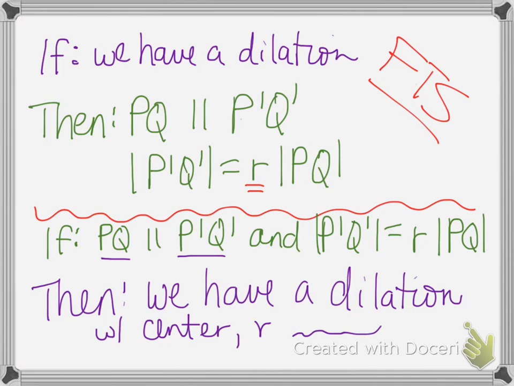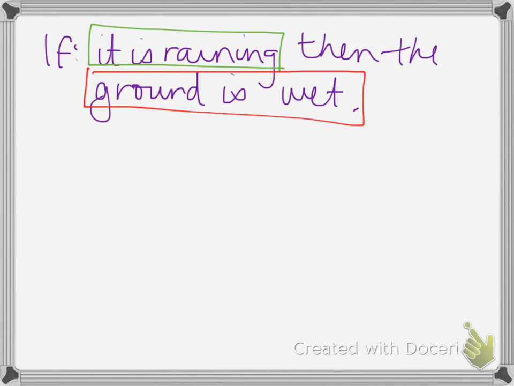But I do want to point out that just because we have this, if we have a dilation, then these things are true, we can't always turn statements like that around. So let's quickly, before we go to exercise 1, think about some examples of if-then statements. Consider this statement: if it is raining, then the ground is wet.